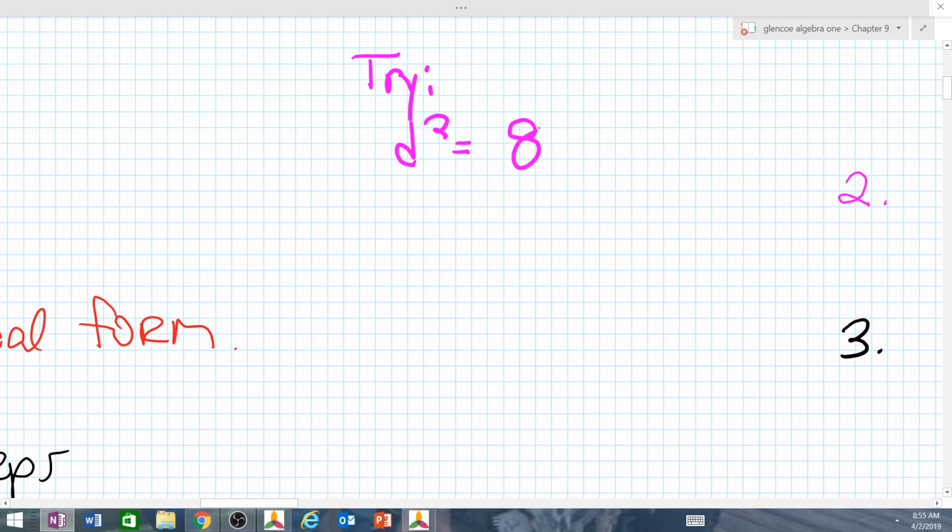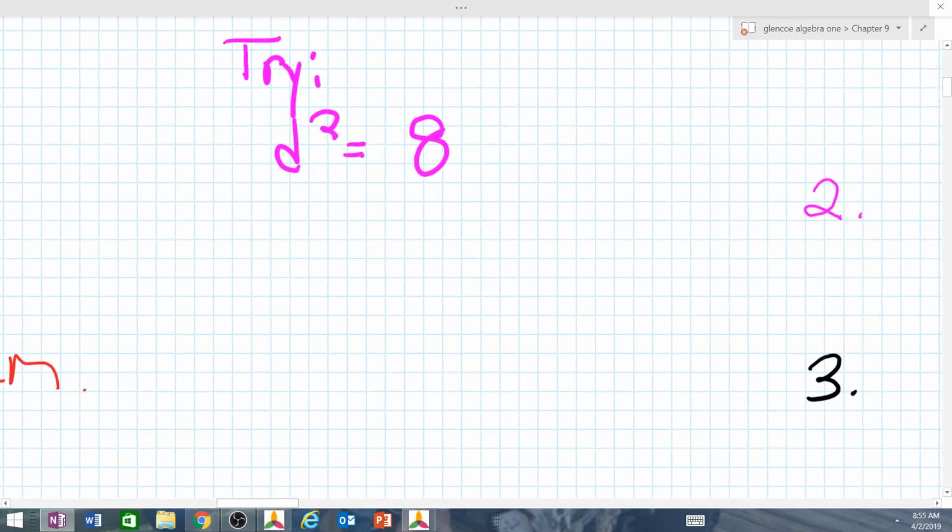D squared equals 8. You can take the square root of each side.